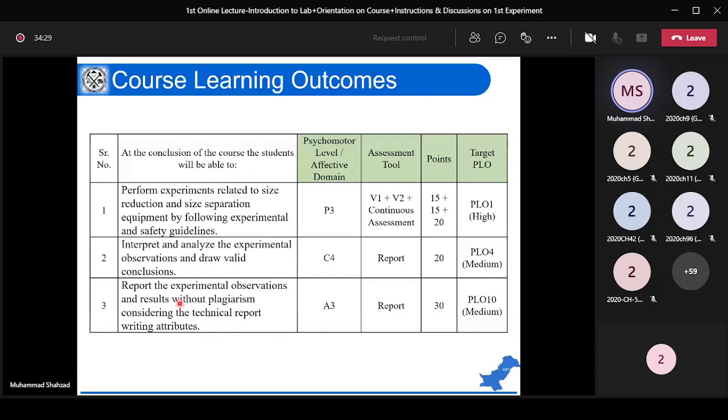I will take your reports both in soft form and hard form. And when you submit the soft form, I will measure the similarity index from the website Turnitin. I have an account on Turnitin, and I think every faculty member has an account. So I will measure the similarity report of your lab report, and if the plagiarism is less than 20%, then it is okay.